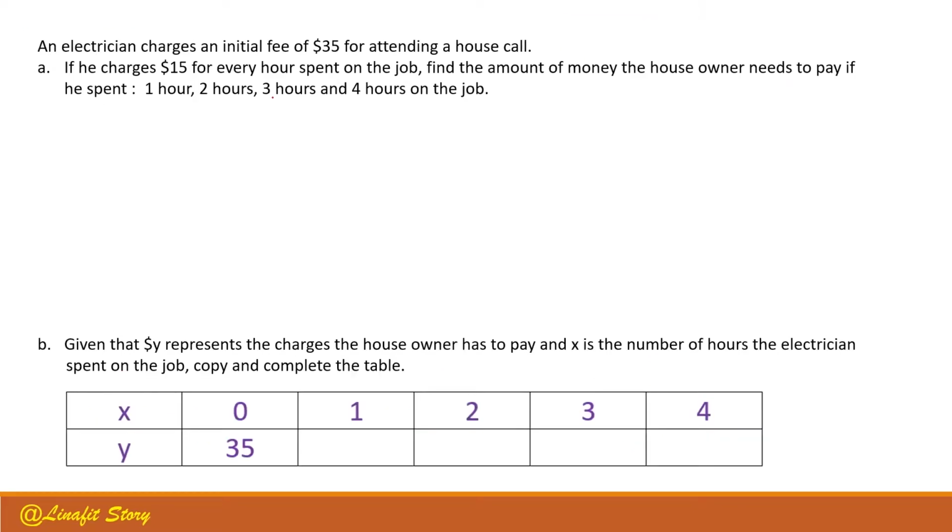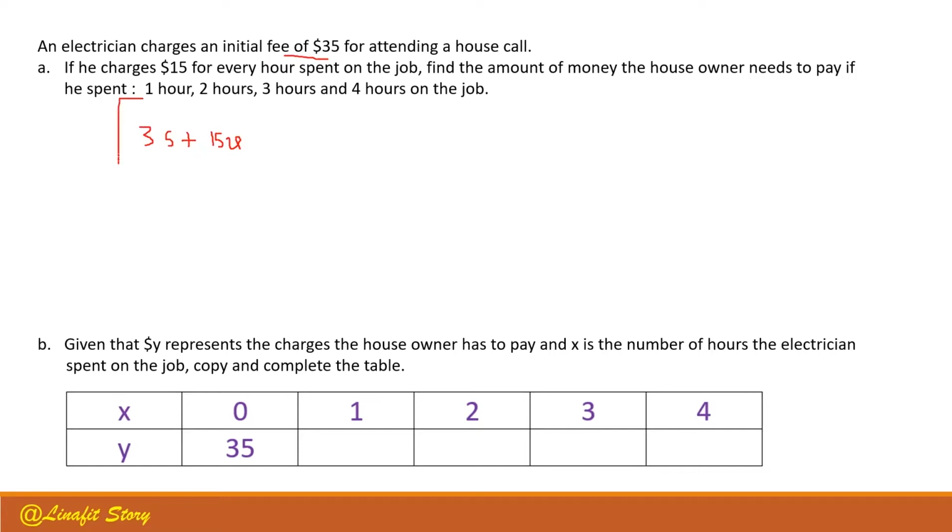An electrician charges an initial fee of $35 for attending a house call. If he charges $15 for every hour spent on the job, find the amount of money the house owner needs to pay if he spent 1 hour, 2 hours, 3 hours, and 4 hours on the job. So over here, the initial fee is $35, so 35 plus 15x.